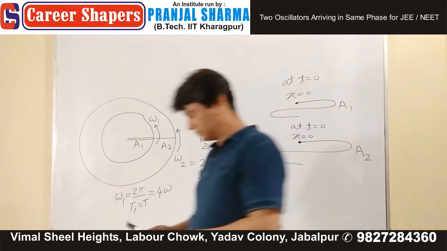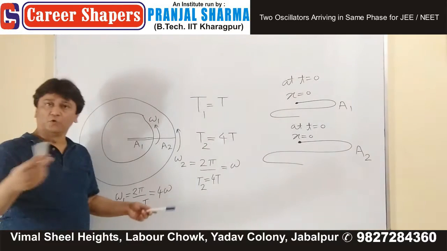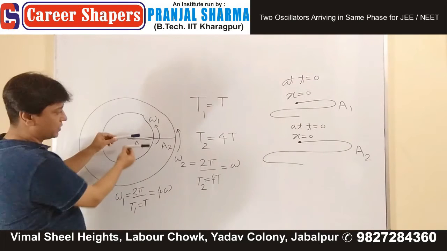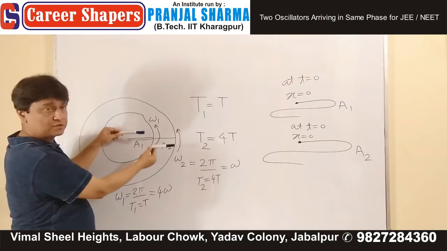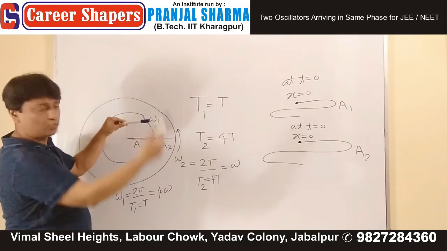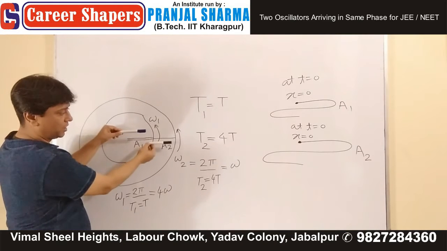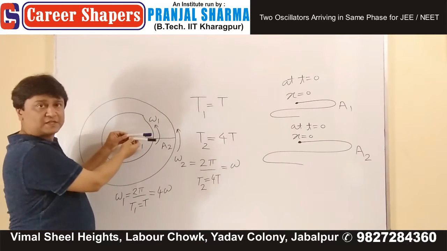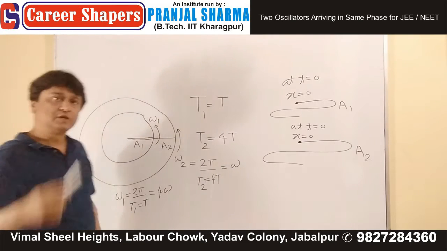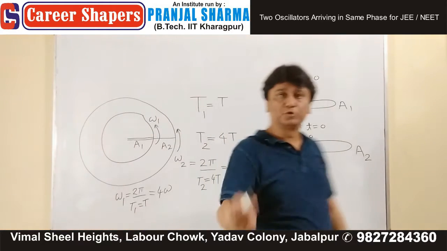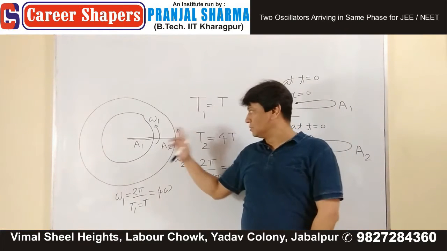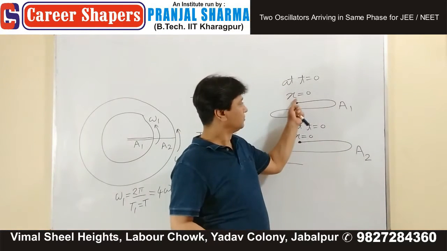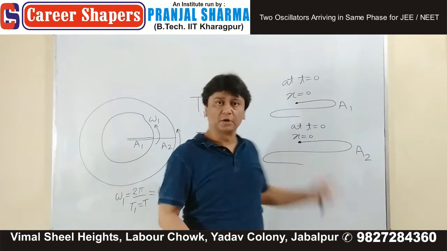Now, try to visualize this. There are two rods with different lengths. The black one starts from this position up to here, and they are rotating. Initially, they are in the same phase. What is phase? Phase is angular position. So at t0, they both are at the mean position.